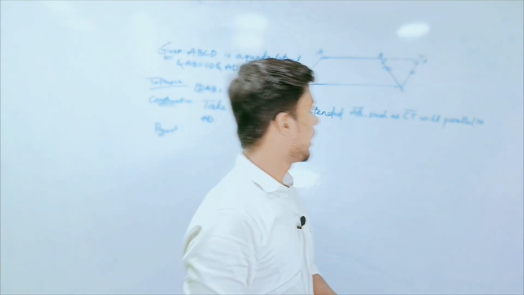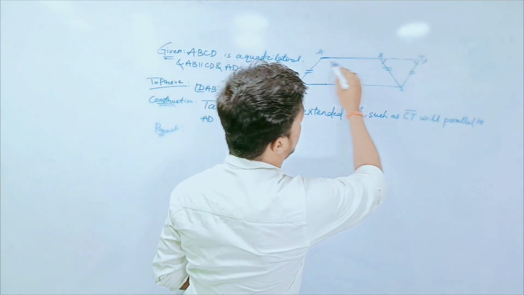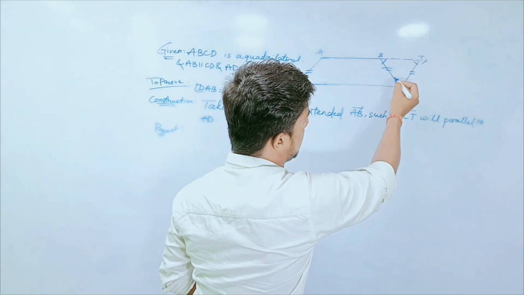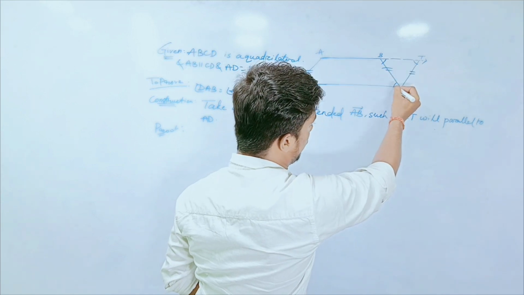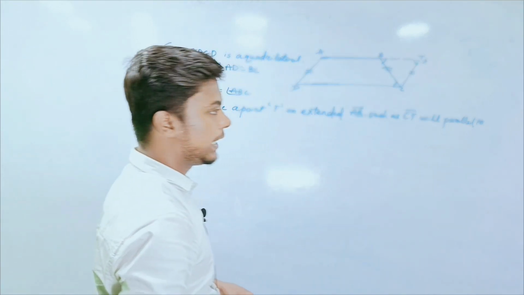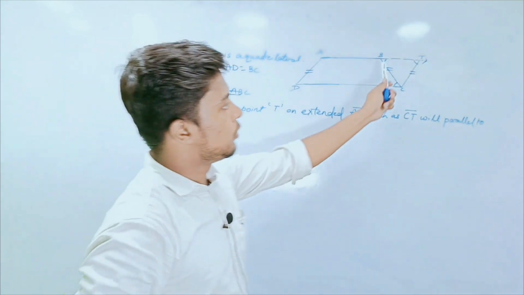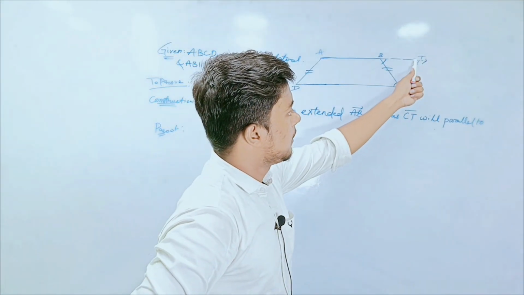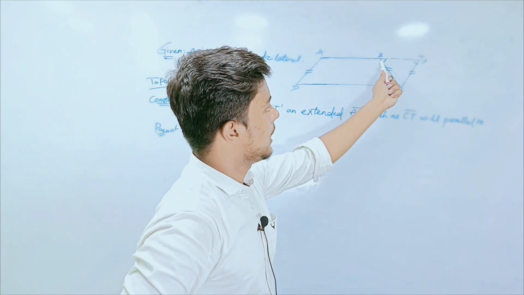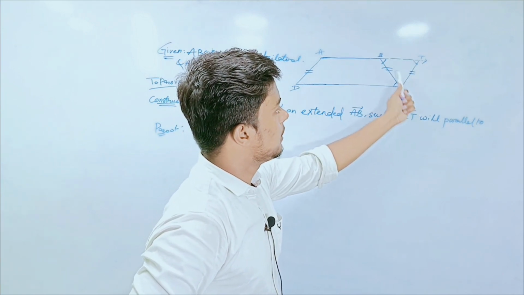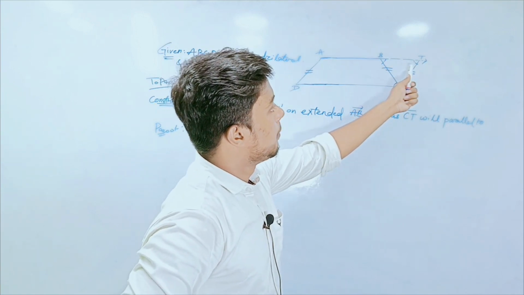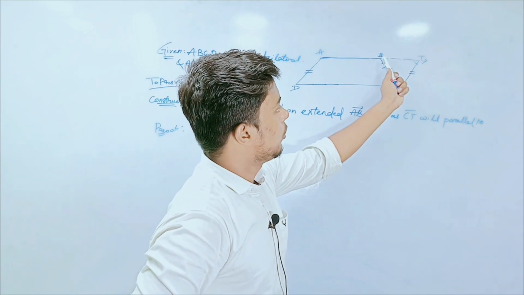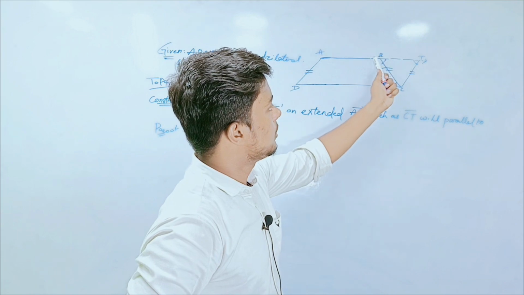AT is parallel to CD and BC is the transversal, so angle TBC and angle BCD are equal because they are alternate interior angles. So now you know that these three angles are equal. If the sum of these two angles equals the total angle ABC, then by writing this angle instead of that angle, this plus this equals the total angle.